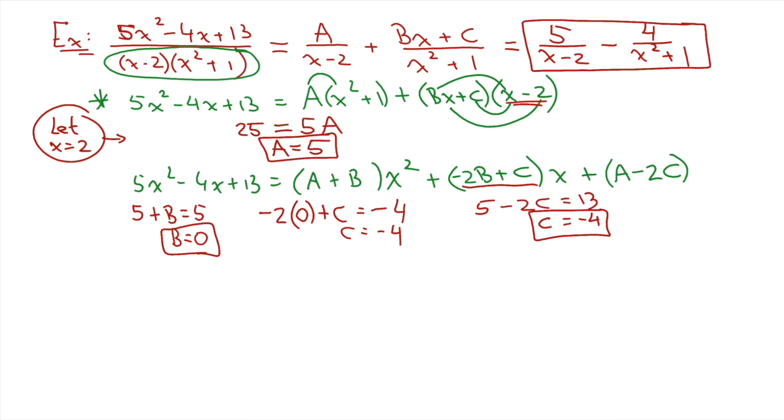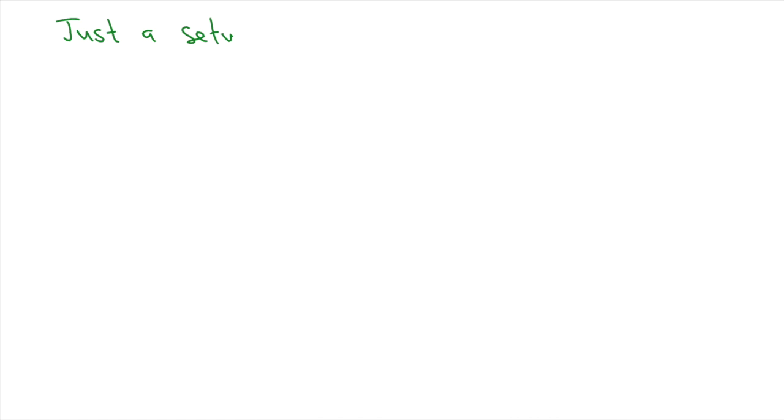So the shortcut does have its uses, it's just you can't use it exclusively sometimes. It's nice when they're all linear factors and you can just get rid of letters that you want to get rid of. I would never ask you to solve this.